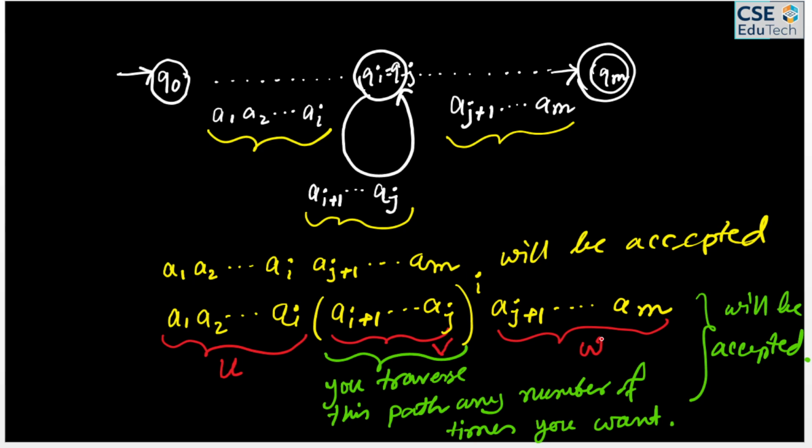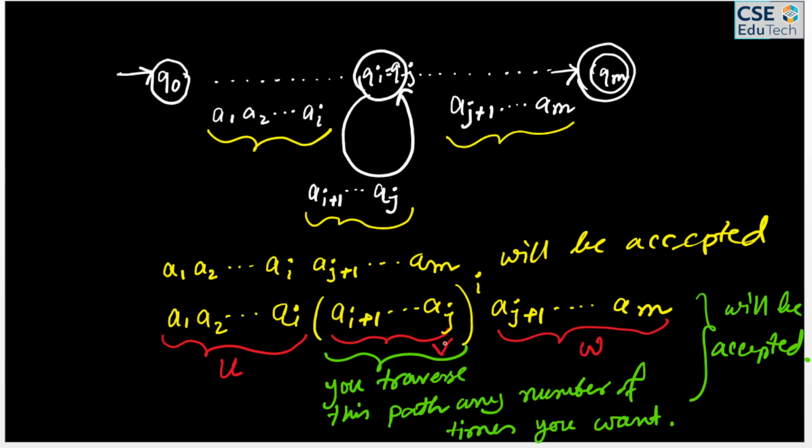Clear? Now what is the meaning of this? When the string u is applied, it reaches state Qi, which we also say is Qj. Now on application of v, it remains in the same state, Qi is equal to Qj. Therefore, after application of the input w, we will reach the state Qm.